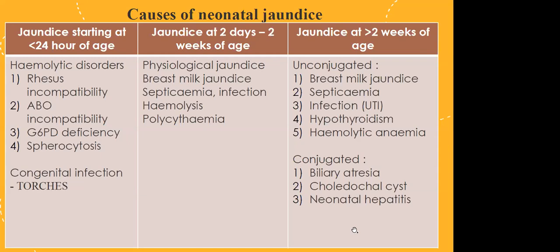Another thing, we have jaundice at more than 2 weeks of age, or prolonged jaundice. Some examples are breast milk jaundice, septicemia infection, which is commonly urinary tract infection, hypothyroidism, and hemolytic anemia. For conjugated, we have biliary obstruction like biliary atresia, choledochal cyst, and also infection like neonatal hepatitis.